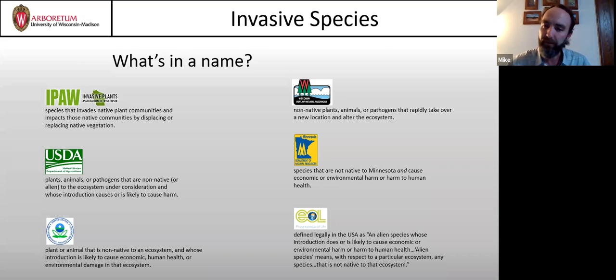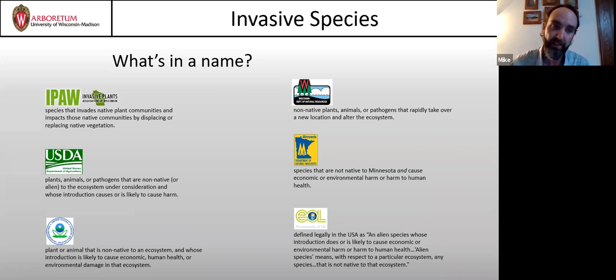And so one of the first things you have to do is determine what an invasive species means to you. What's a desirable versus undesirable species that you want to have present, and that can mean different things to different people. And I just have these different definitions up here to kind of demonstrate that.